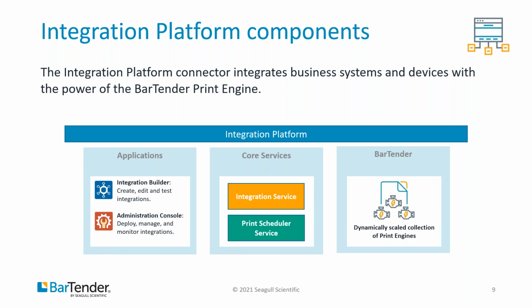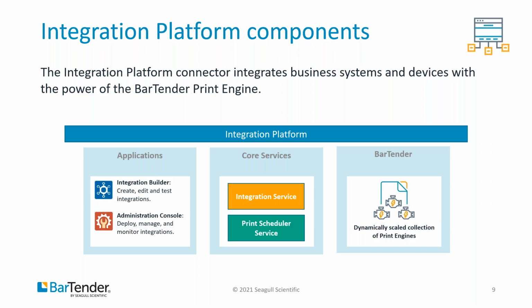However, if it is BarTender document related, then those requests or actions are passed over to the print scheduler service, as this controls a collection of BarTender print engines. The print scheduler service can be configured to automatically scale the number of print engines according to the capabilities of your server. It also can be used to intelligently assign a print request to the most available and applicable print engine to actually execute the print job.